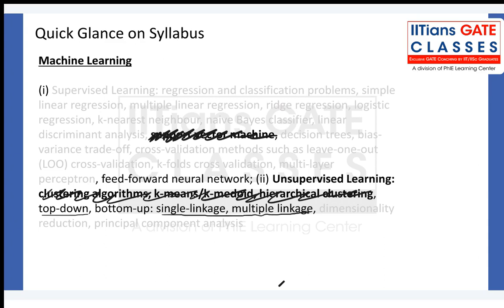So agglomerative clustering is left, and feed-forward neural networks. This is very simple, the agglomerative clustering, but maybe I'll dedicate 2 classes for it. And next class, we will look at feed-forward neural networks.